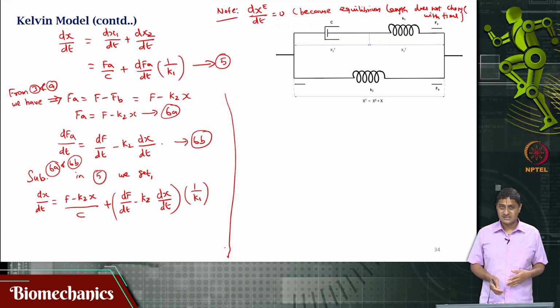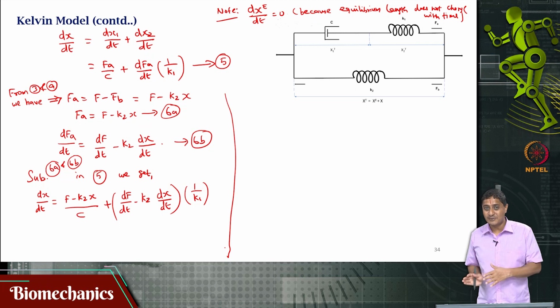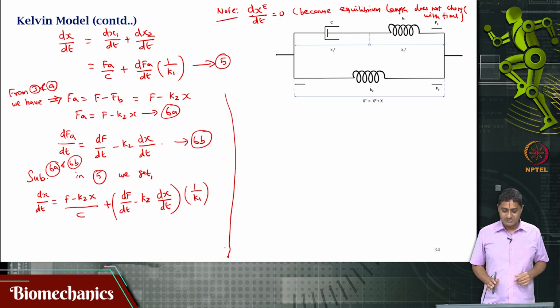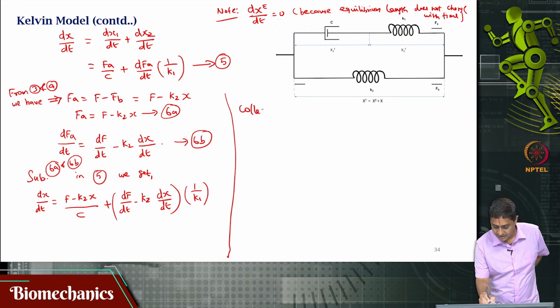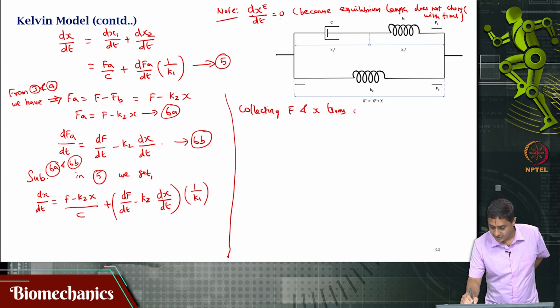So, it seems like I have to do a little bit more algebra. I have to collect F terms and x terms separately and then write it out. It is better that I do it in this slide itself, so that I can take that to the next slide, otherwise it will be a little confusing. So, let us try to do that. So, collecting F and x terms on two sides of the equation.